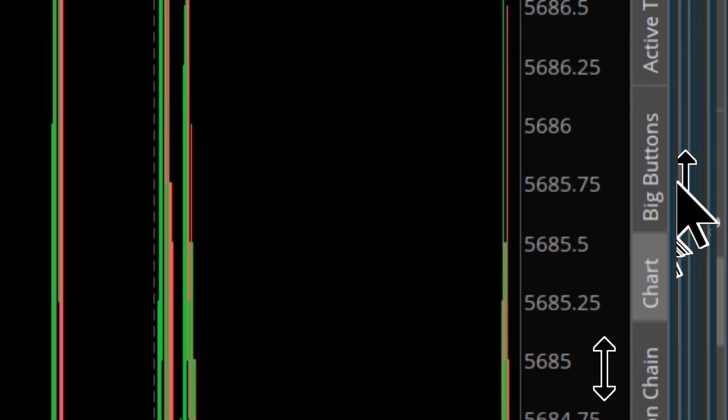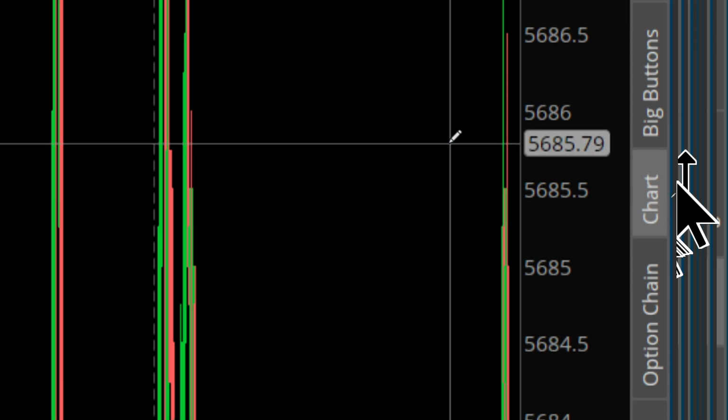All right, so the ES does things in quarters. So here's 56.85, 56.85 and a quarter, .5, .75, 86. We call each of these lines a tick movement. Notice I'm vertical here. I'm not doing it by time. This is not a time chart.